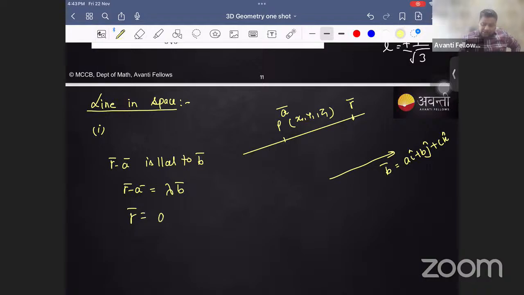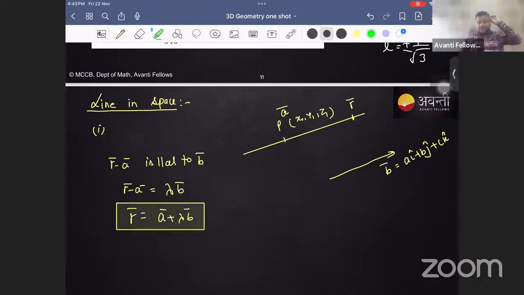So R is A plus lambda vector B. This A is the point through which this line is passing. This B is the vector parallel to the line. So R is A plus lambda vector B. Am I correct?